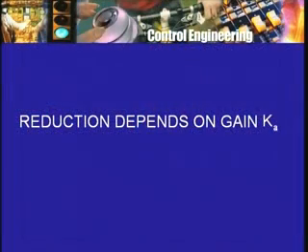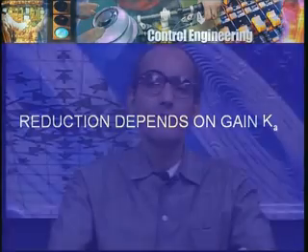How much reduced? Well, it turns out that it depends on that gain Ka. And that too one can see why. The error, the speed not being the correct value, changes the output ET by a small amount.